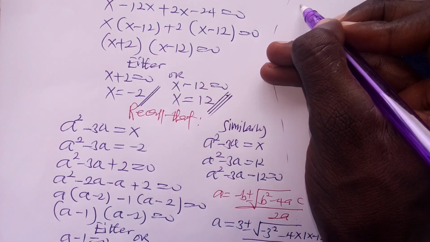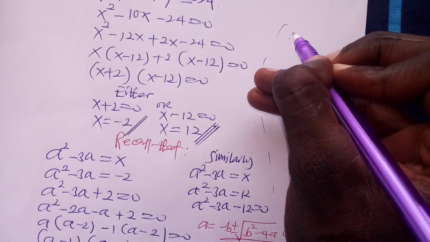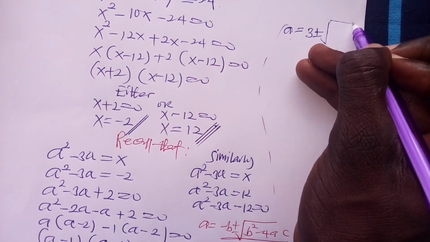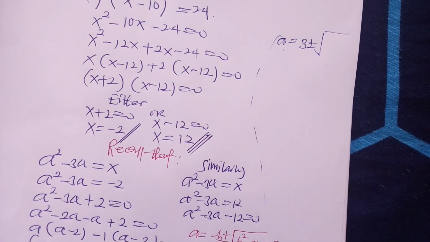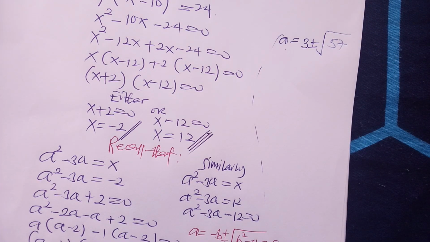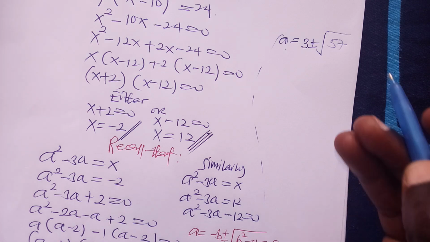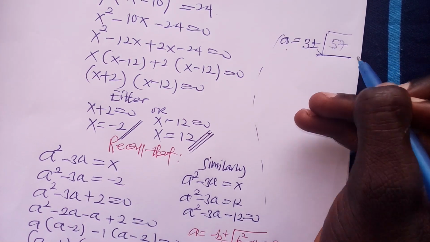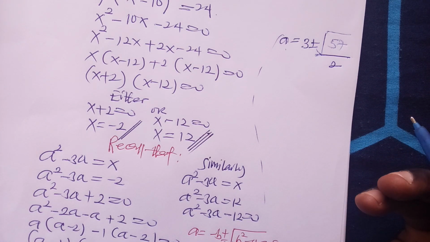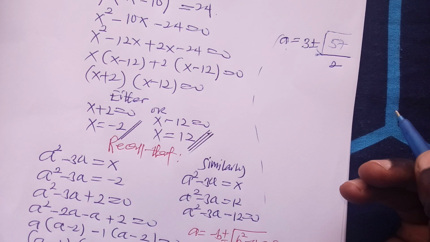Now we have a is equals 3 plus or minus the square root of 48 plus 9, giving you 57. Now we have 57. Then since this is 57, everything is divided by 2. Now we see the square root of 57 is 7.5.